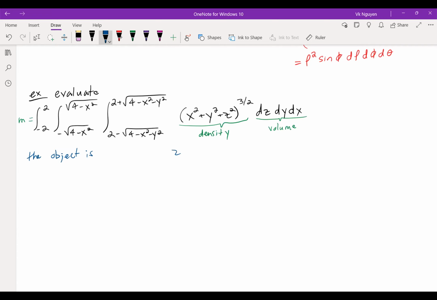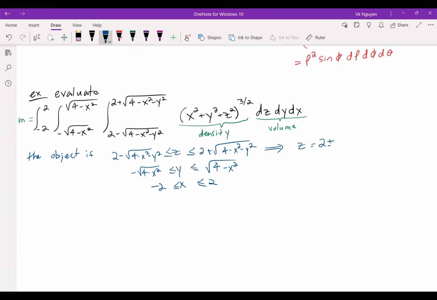We know z goes between 2 minus root of 4 minus x squared minus y squared and 2 plus root of 4 minus x squared minus y squared. You will see that z minus 2 is equal to plus or minus root of 4 minus x squared minus y squared, and then z minus 2 squared equals 4 minus x squared minus y squared.